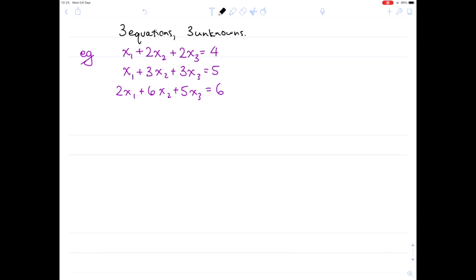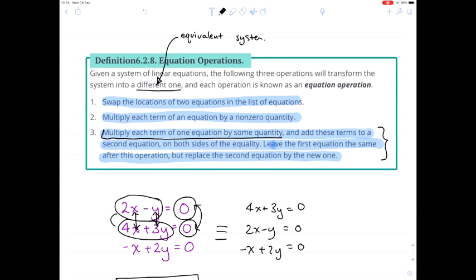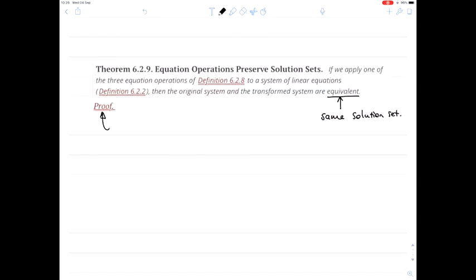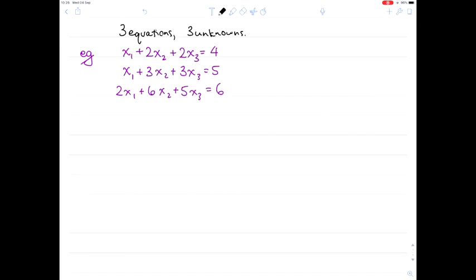So the first thing that I'm going to do is note that it was very useful in our example over here when I subtracted a version of row 1 from row 2, because it meant I eliminated the variable x. So we're going to use a similar idea over here.